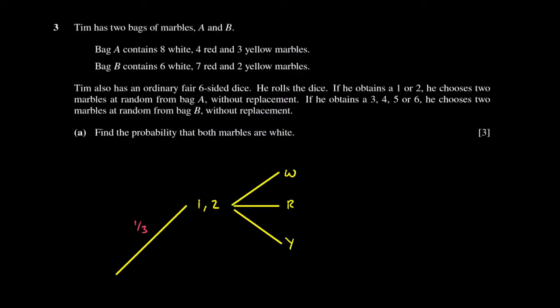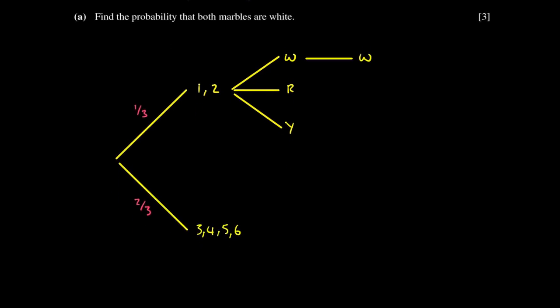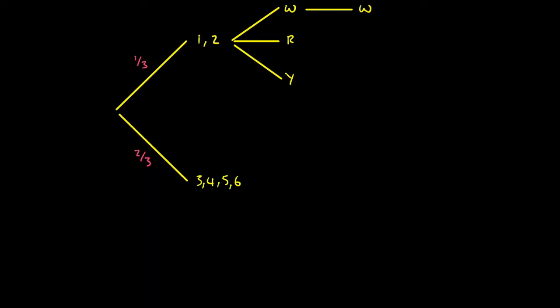I'll just draw this other one, where he gets another white on the second pull. Rolling a 3, 4, 5, or 6 is basically the same thing. He's going to choose from bag B, and he could get a white, a red, or a yellow. We're only interested in him getting 2 whites, so I'm going to draw it like that. White there.